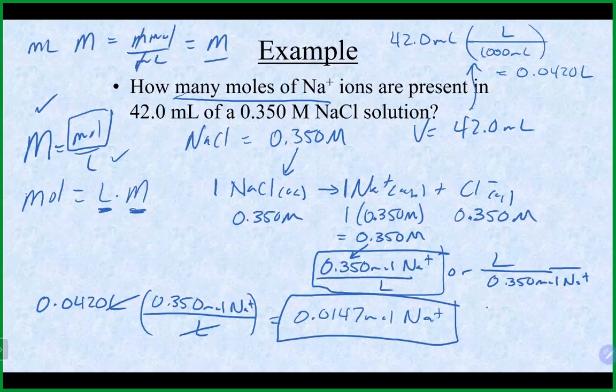So you should always, if you are using molarity by itself with volume, convert it to liters. You'll be in the right unit that you probably need. Again, if you multiply by milliliters, you'll be off probably by a factor of 1,000, not realizing it maybe. So when in doubt, make sure that volume gets to liters when dealing with molarity. Any questions on that?